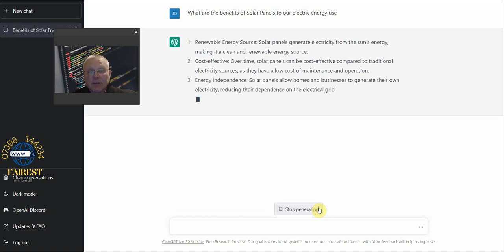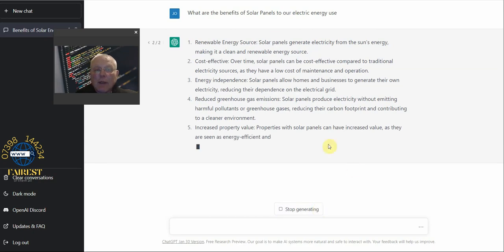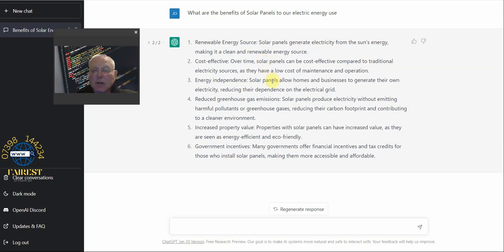So in this instance, ChatGPT has produced the content in a slightly different way, but if we look at the keywords solar panel, electricity, solar panel, energy, electrical, solar panel here, solar panel there, electricity, you can see that we have lots and lots of those keywords.